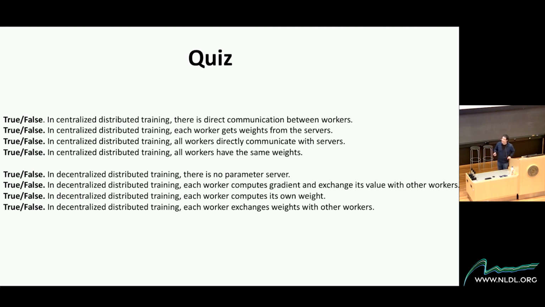Okay, that's correct. The second one: in centralized distributed training, each worker gets weights from the server. True. That's correct. In centralized distributed training, all workers directly communicate with servers.